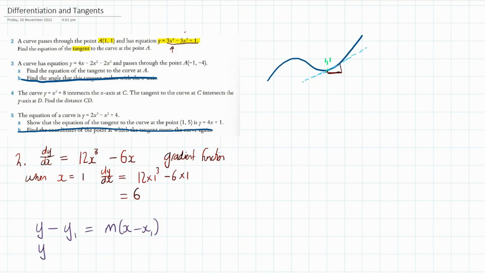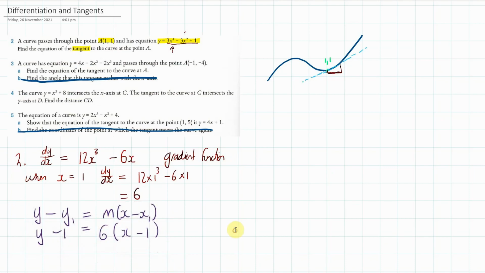Our y1 is this bit here, so that would be y minus 1 equals m. We found that in the previous part of the question, that's our gradient, into x minus 1.